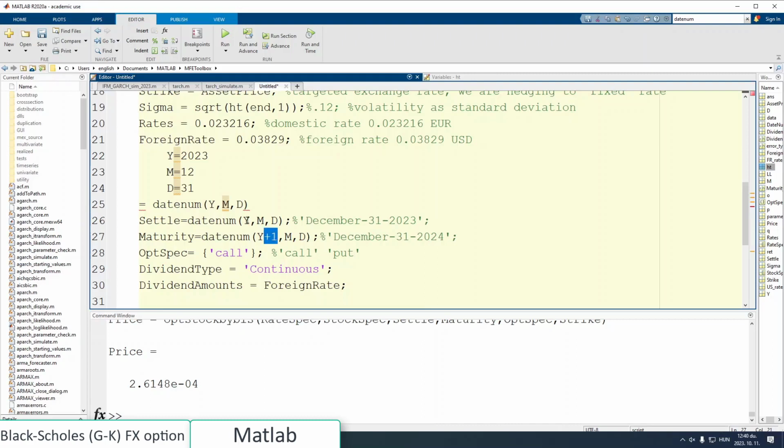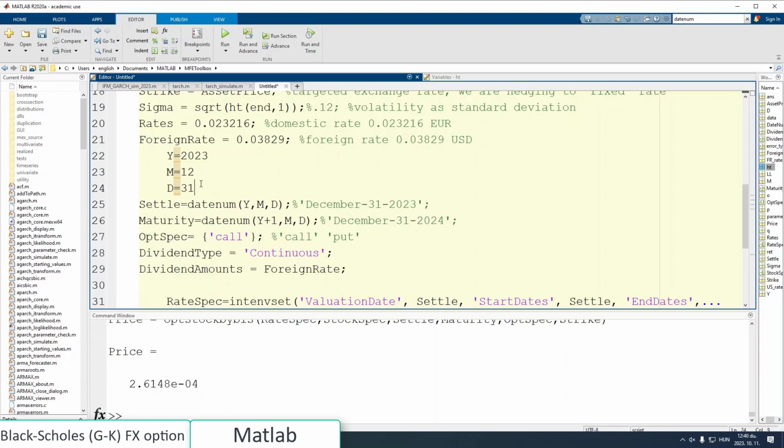So it's not just fine-tuning and changing this thing manually here. No, we can write a whole script around it. So if I need 1, 2, 3, 4, 5 year options and option fees, I don't want to manage by hand.